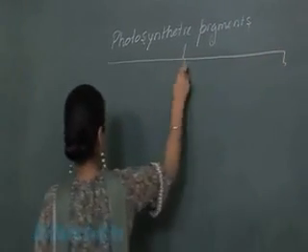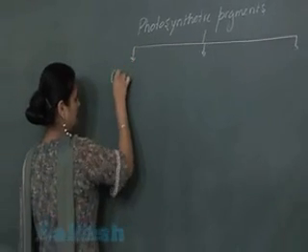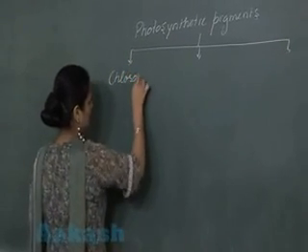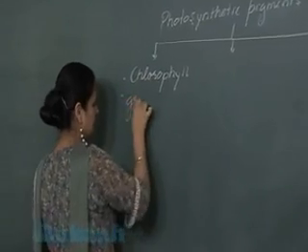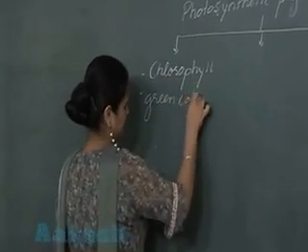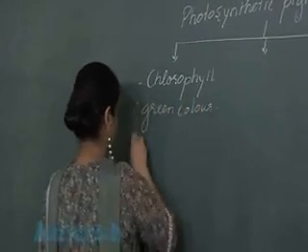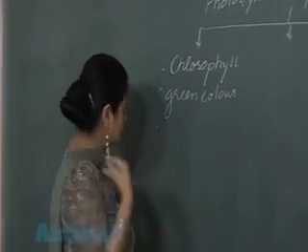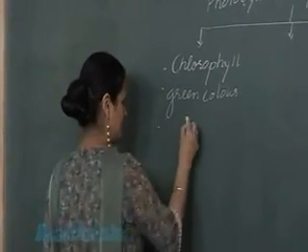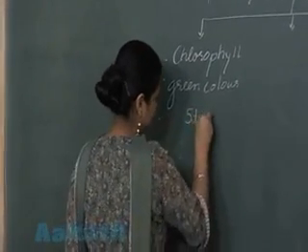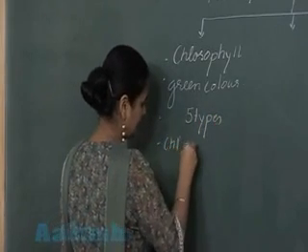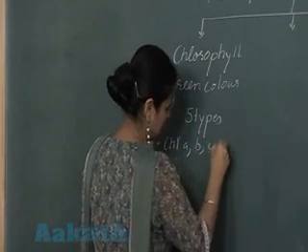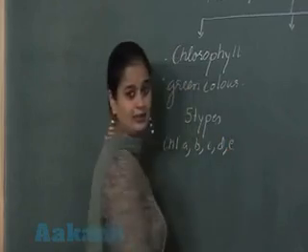In the photosynthetic pigments, I will be discussing chlorophyll first. They are green color pigments, and these green color pigments are of 5 types: chlorophyll A, B, C, D and E.